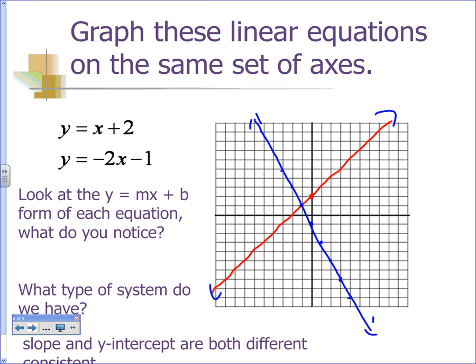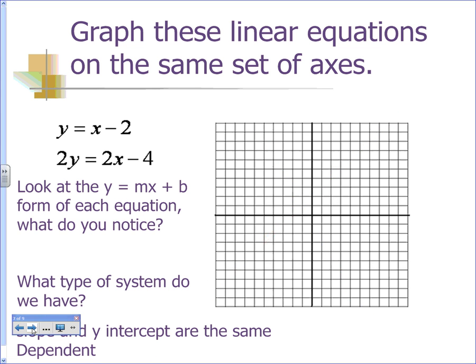They can't be dependent because they don't have the same slope. Does that make sense? Because dependent and parallel have the same slope. Do you have to graph them to be able to do these? Yep. Okay.